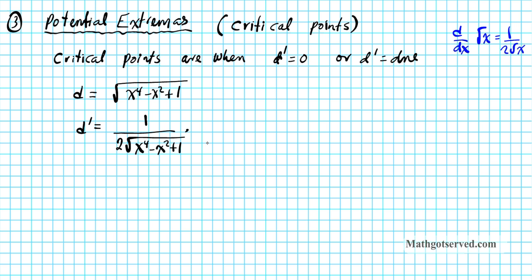If we differentiate that, we'll have 4x to the third minus 2x.